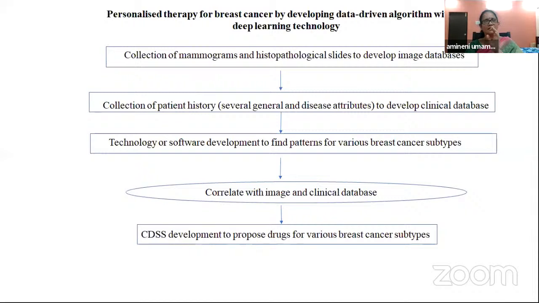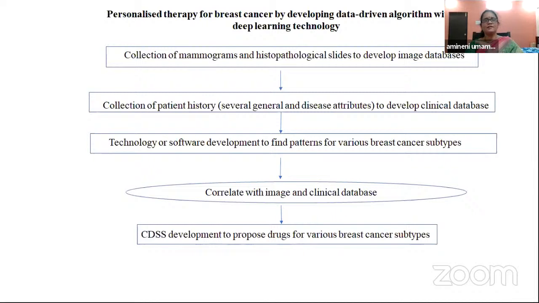We will collect mammograms, histopathological slides, CT scans, PET scans, and ultrasound scans of the breast, and we will develop a database.